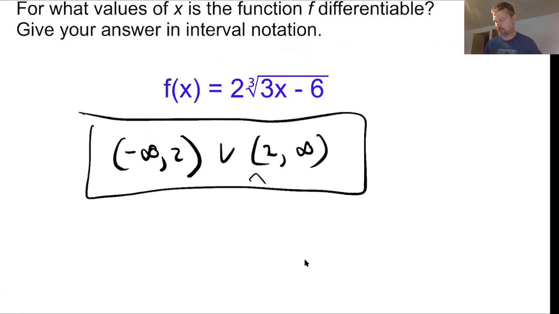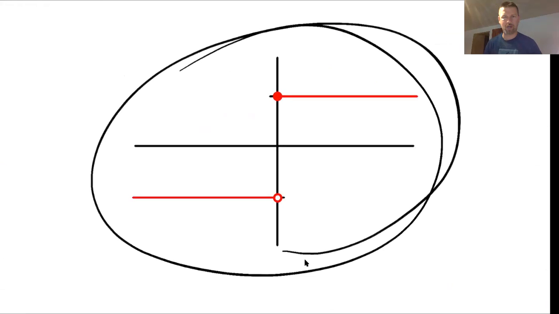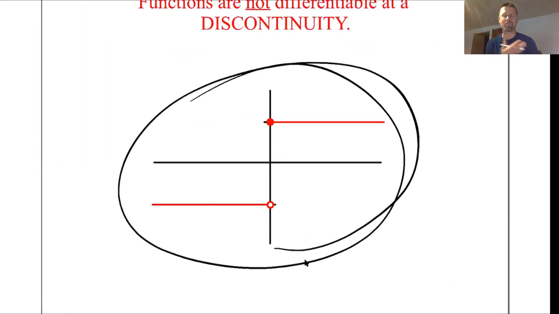And we know that's true because if we weren't continuous, that was one of our problems for differentiability. If I have a discontinuity, then I'm not differentiable, which means if I'm differentiable, I absolutely can't have a discontinuity.